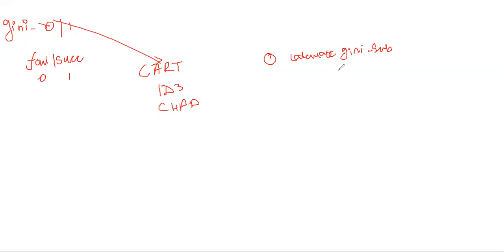Sum of squares means p squared plus q squared, where p is the probability of success and q is the probability of failure. Then, second step, calculate the Gini for the split using the weighted score method. These two steps are followed to calculate the Gini for a split.